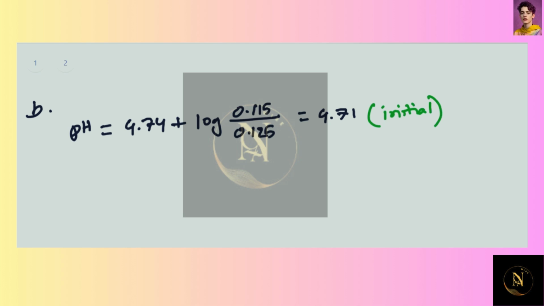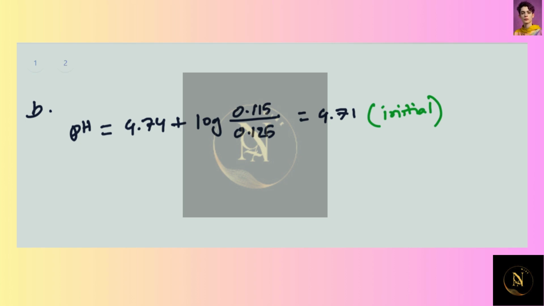since this solution is also a 500 ml buffer, first we have to find the number of moles of the acid and base present here, and then we will have to set up the equation of the reaction in the buffer after the addition of HCl.